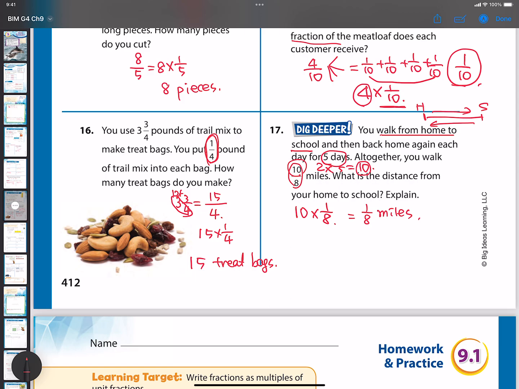That means every day you walk 2 over 8 miles, because you add 1 over 8 plus 1 over 8 for the round trip. Okay, this is the answer and it's over already.